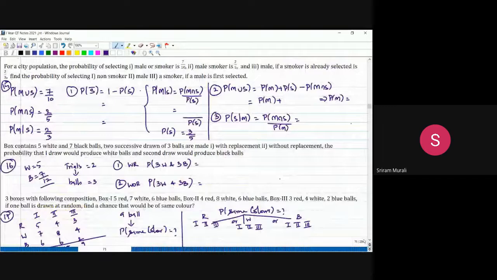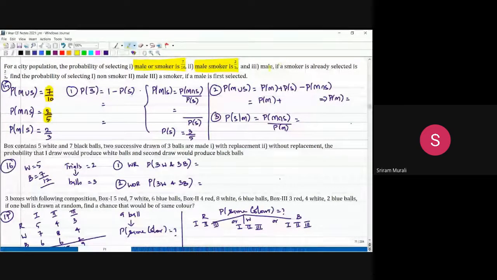Now I want to compute this one. In a city population, the probability that a person is male or a smoker is 7 by 10. Male or smoker means M union S, where M is male and S is smoker, so M union S is 7 by 10. Male and smoker combined, M intersection S, is equal to 2 by 5.